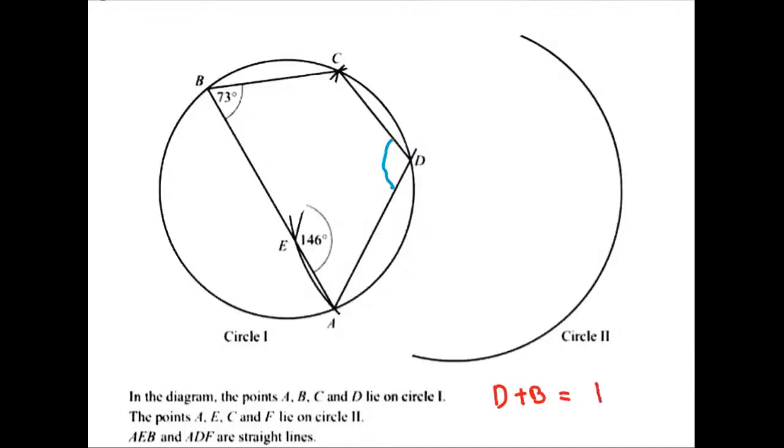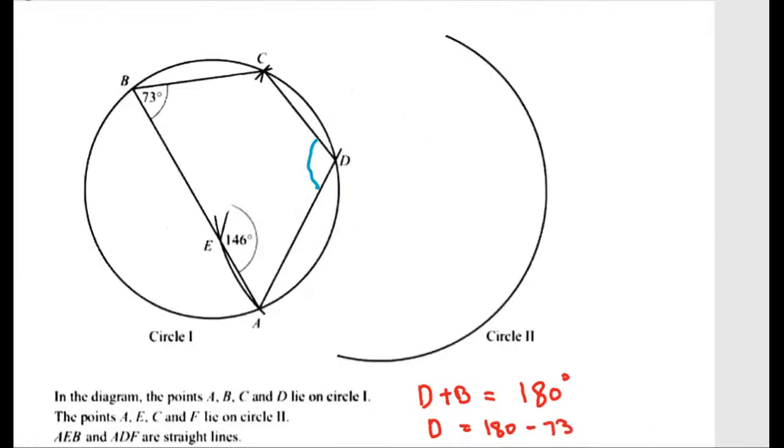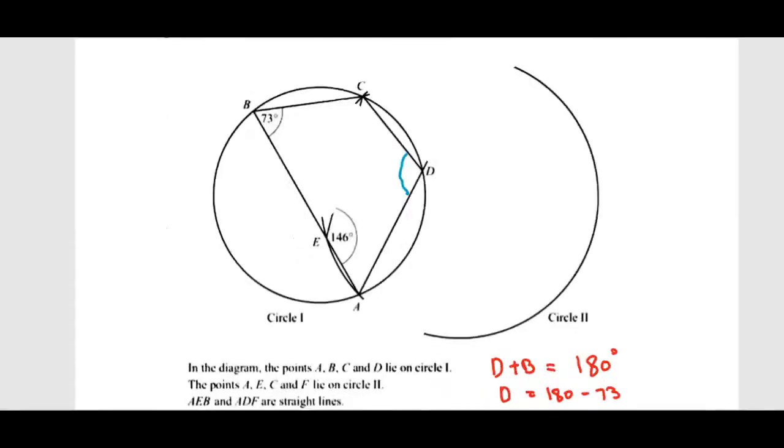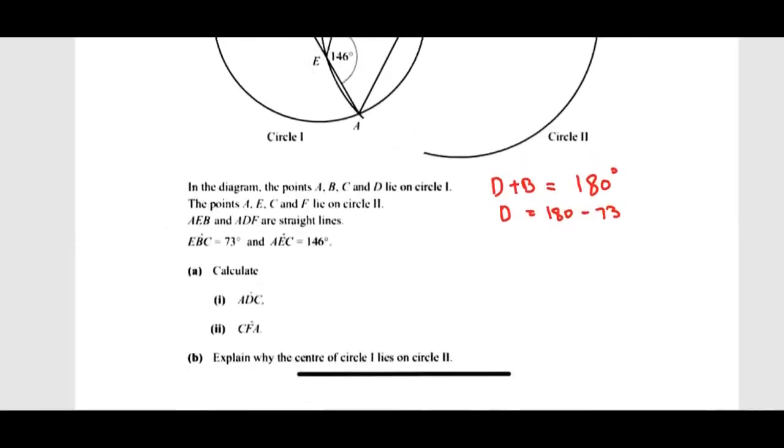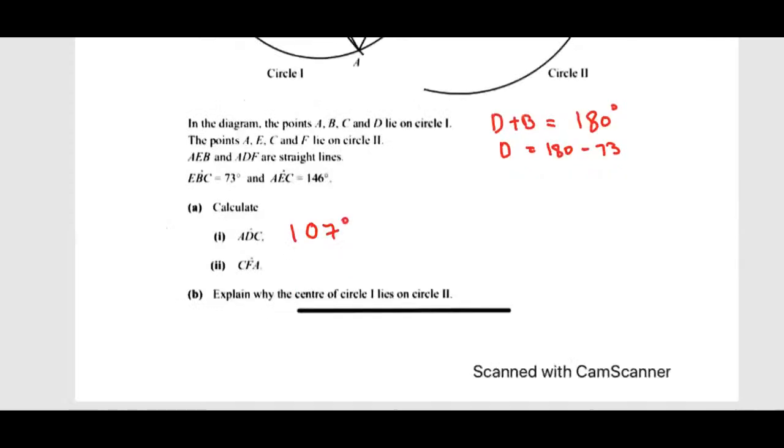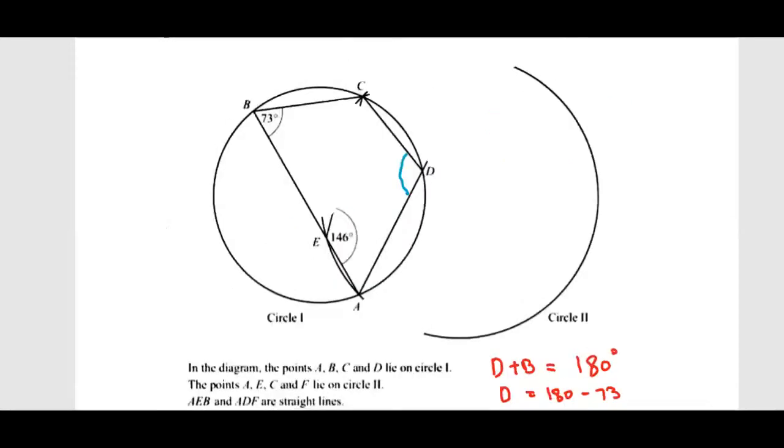The sum of opposite angles is 180 degrees. We have B, okay? So D would be 180 minus 73. That means that it is going to be how much, Saneem? 107. Very good. So it would be 107 degrees. Very well done. Okay. Now I will get the circle back and then we'll talk about the next part.